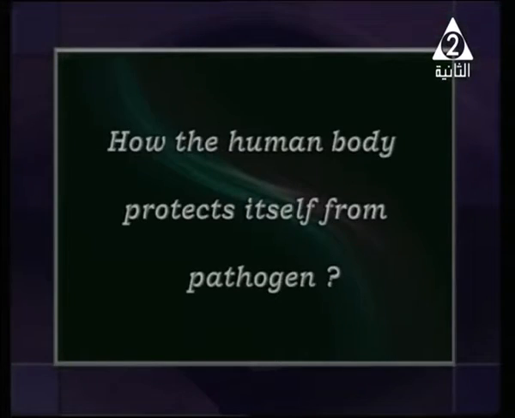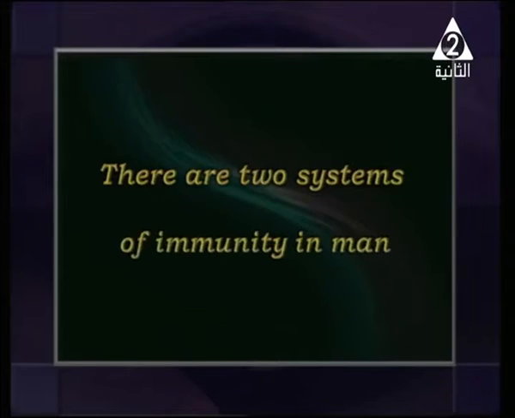We need to ask ourselves how the human body protects itself from the pathogens. How Allah gave us a lot of protection from the pathogens. This is our lesson here. There are two main systems of immunity inside our body.